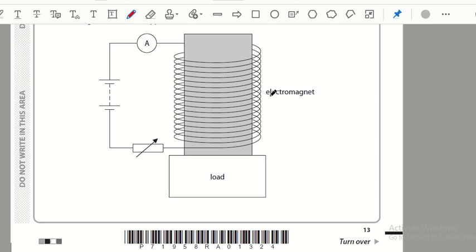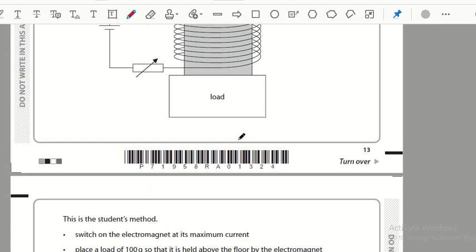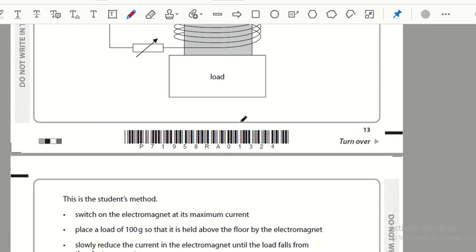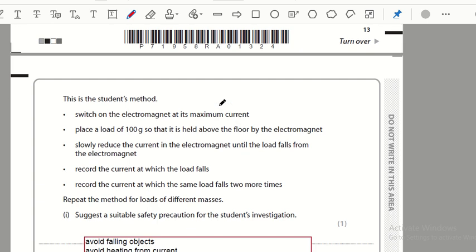a student investigates how the change in current will cause the load to drop off. Switch on the electromagnet at its maximum current, place a load of 100 gram so it is held above the floor by the electromagnet, and slowly reduce the current until the load falls.